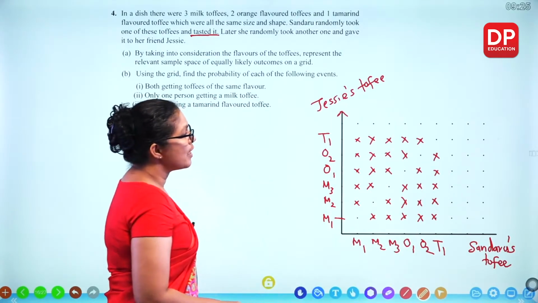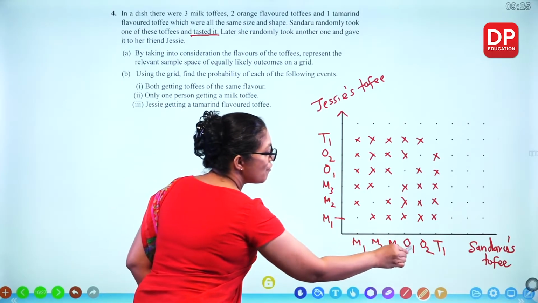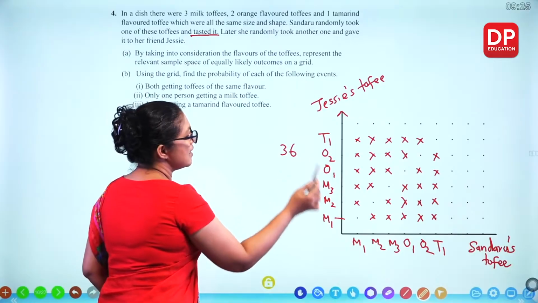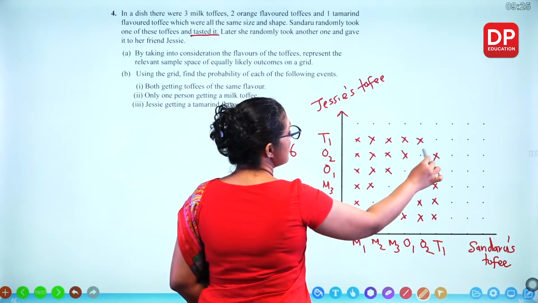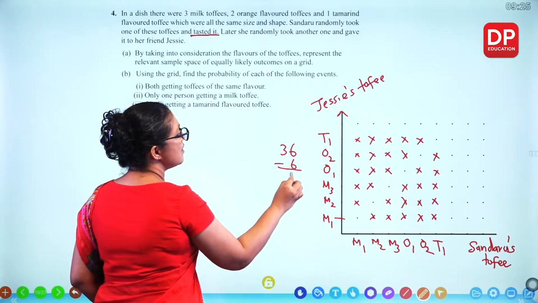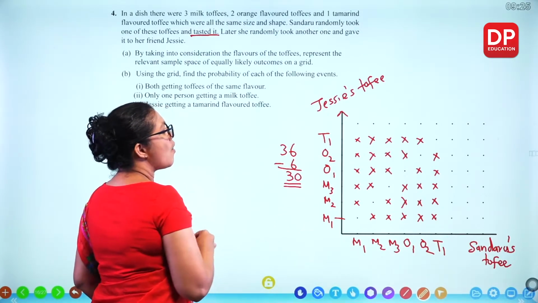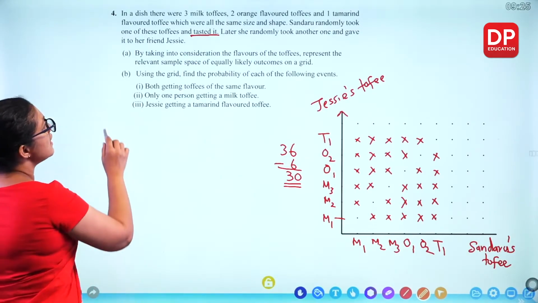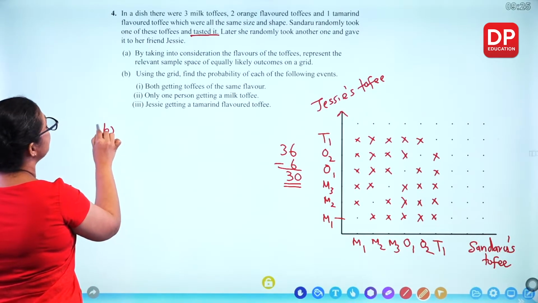So how many altogether? 1, 2, 3, 4, 5, 6. 6 times 6, 36. These 6, you are not getting. 1, 2, 3, 4, 5, 6. So subtract 6, you get 30 outcomes altogether. Now we'll try to find out the probabilities.